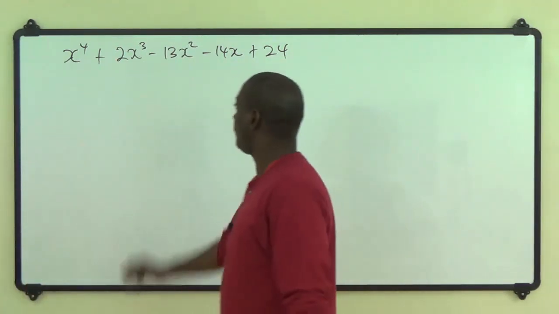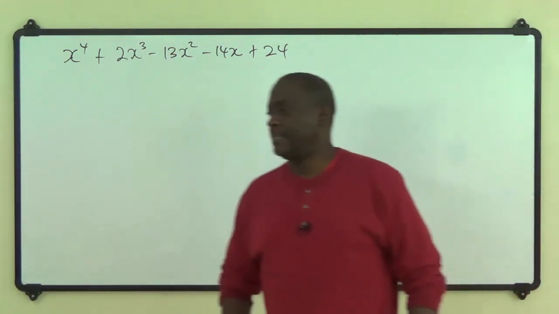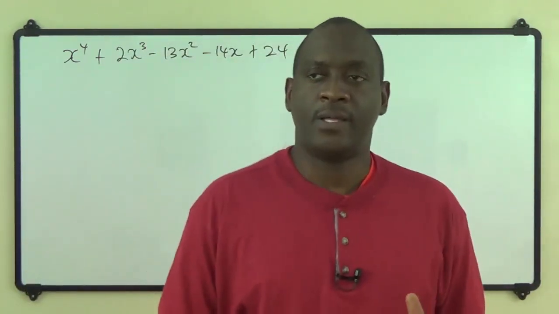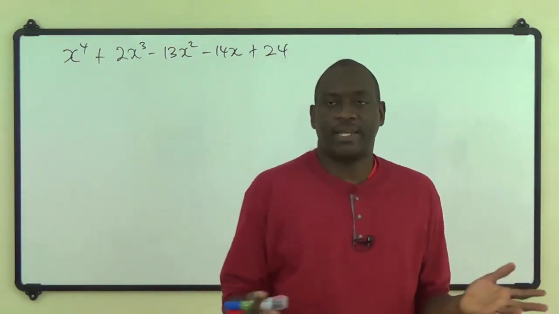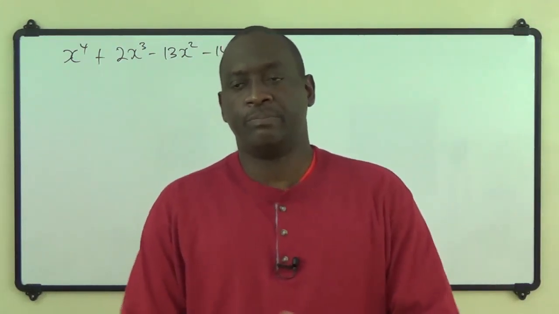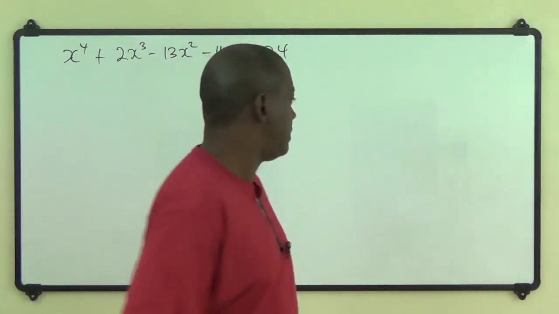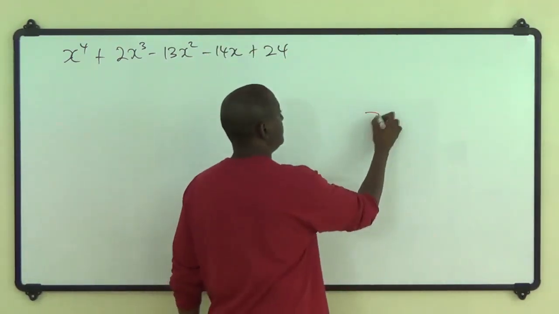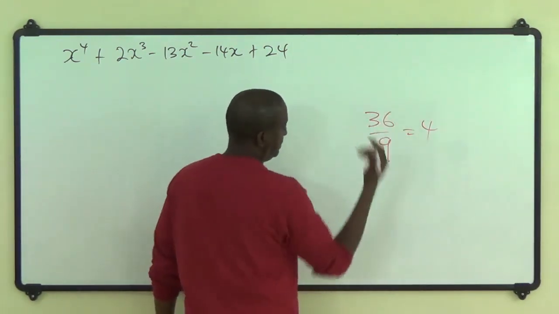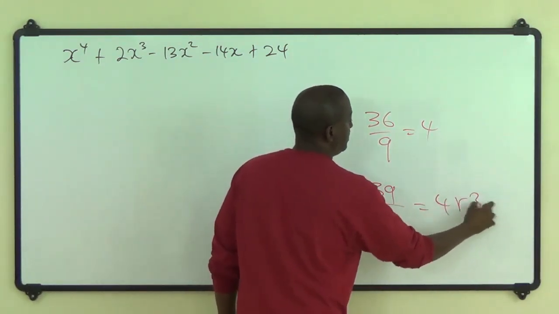In the same way that when we divide 36 by 9, we expect the answer to be 4, if we add 3 to 36 and say 39 divided by 9, you know the answer is 4 with a remainder of 3.